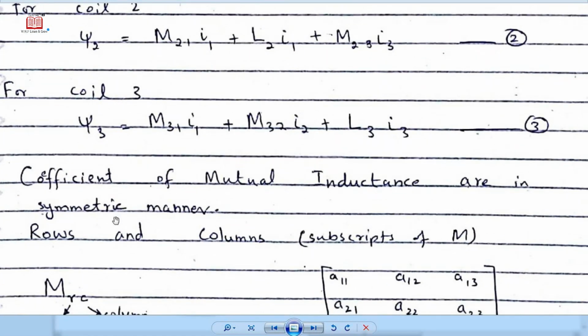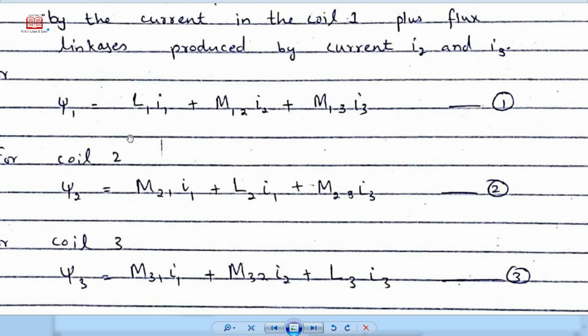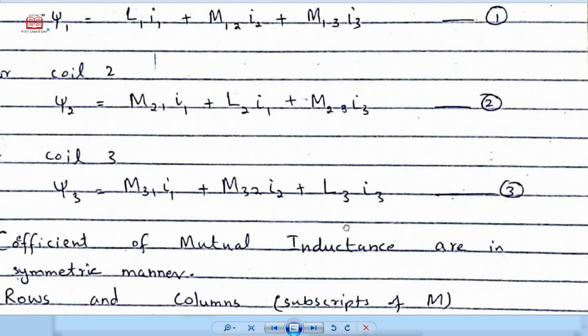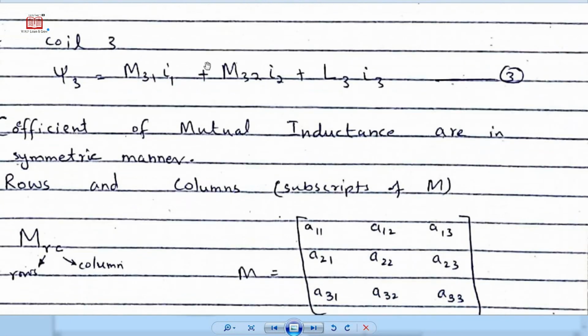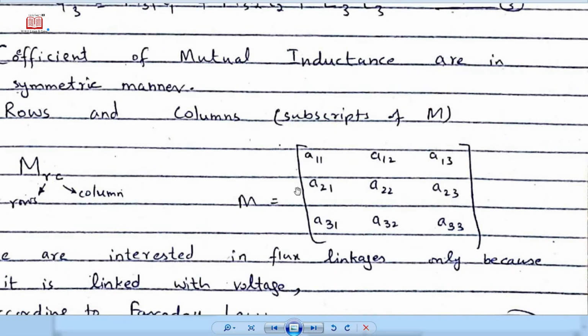The coefficients of the mutual inductance are in a symmetric manner. You will see a very beautiful, symmetric manner of the coefficients of the mutual inductance, not self, mutual. Here we have two subscripts. The coefficients are like rows and columns. Remember the matrix from mathematics when we discuss rows and columns.